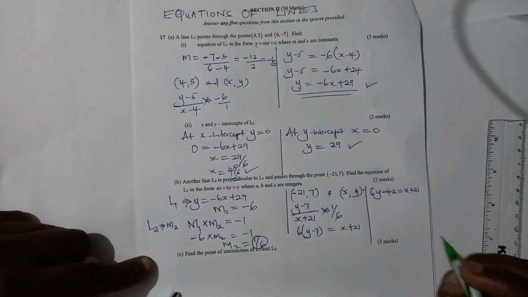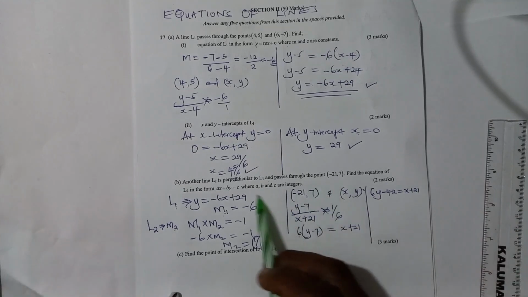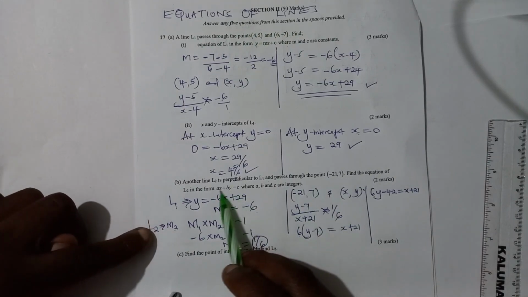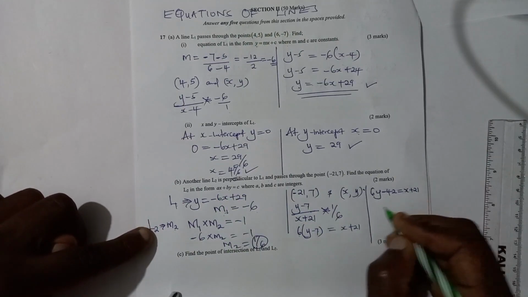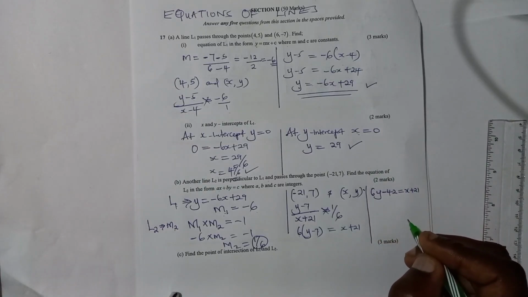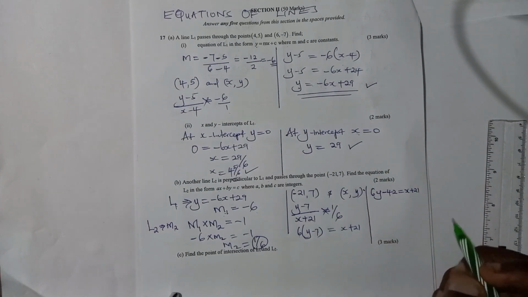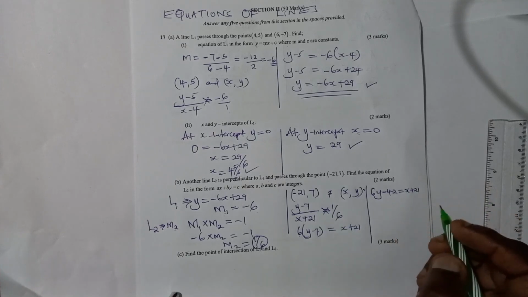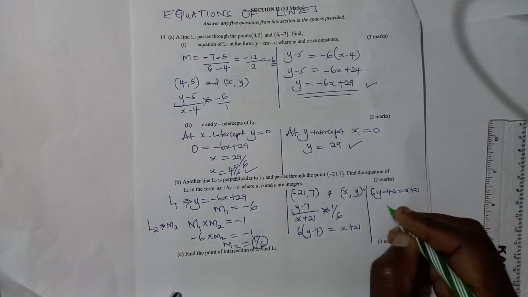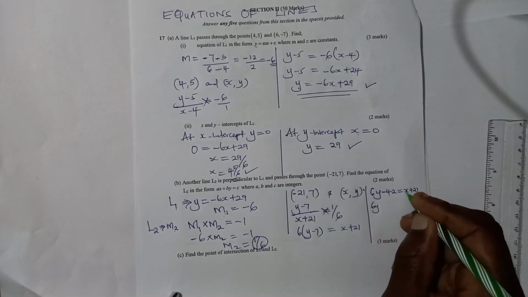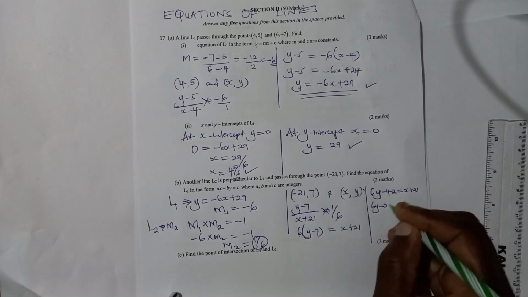So we reorganize it in this format. I want to bring x and y on this side. So 6y minus 42 is equal to x plus 21. If I bring x to this side, I'll have 6y on this side, and when I bring this x, you get -x.